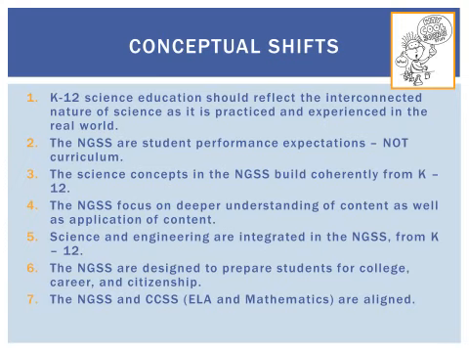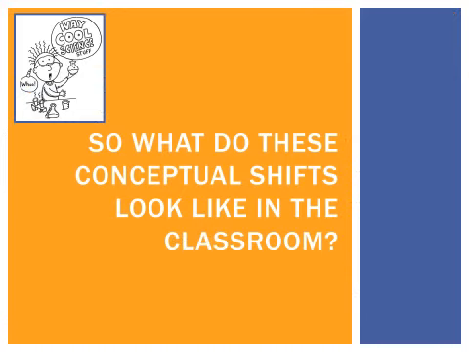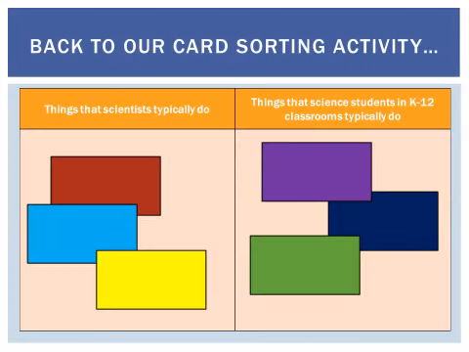In summary, the NGSS are based on 7 conceptual shifts that change the way we look at K-12 science education. Of course, the real question is, how do these shifts play out in the classroom? If you think back to our card sorting activity at the beginning of this module, the things scientists do and the things students typically do in K-12 classrooms are different.